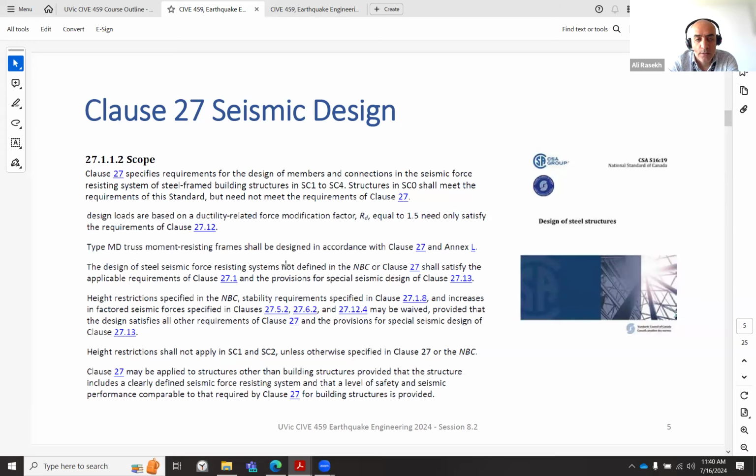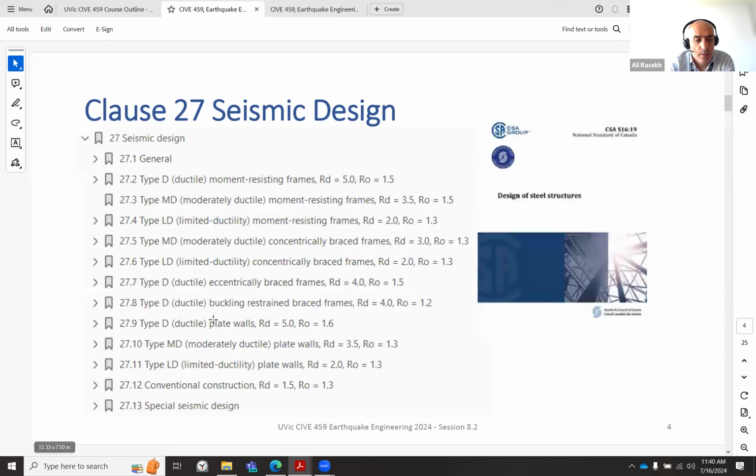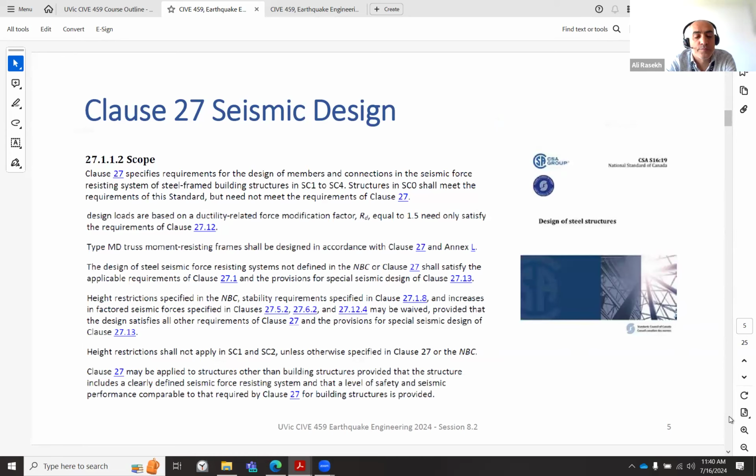So if it's not particularly defined here, then we should look at 27.1 and 27.13, special seismic design. So I guess more general. However, using this one is probably easier because it directly tells us what to do for all types of design.